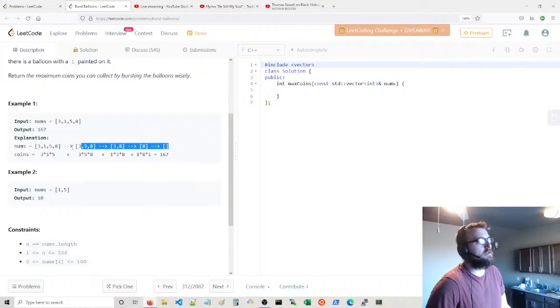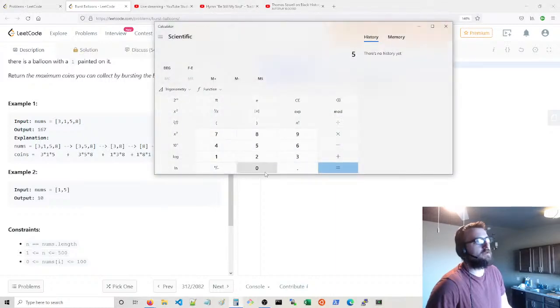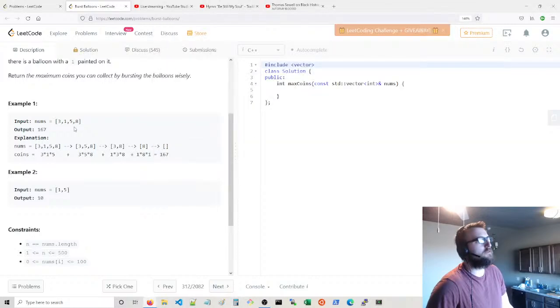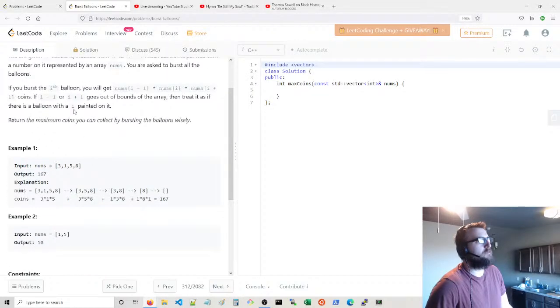But the problem with that is that it's really expensive in terms of computation. That would really be a permutation, right? That would be like 500 factorial, which is really a lot of possibilities to work through.